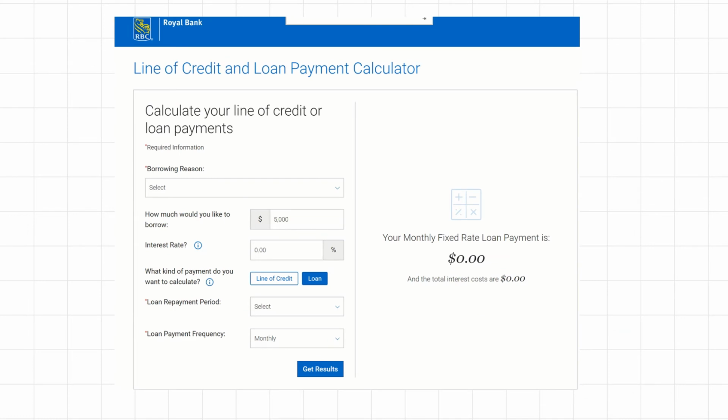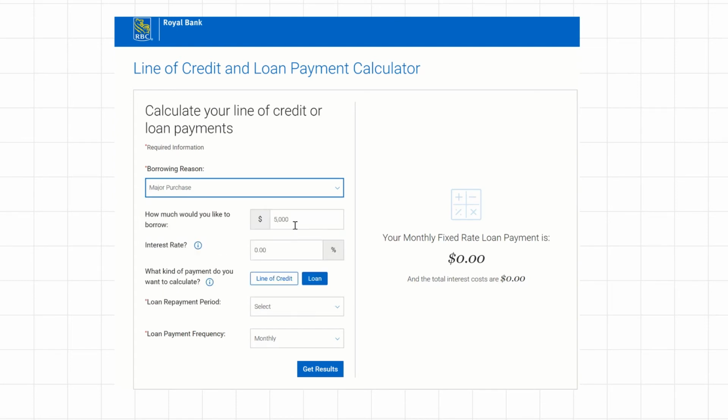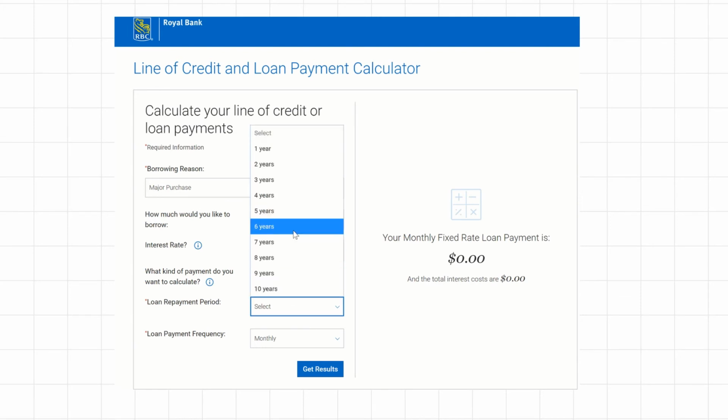So let's take another look at this Royal Bank calculator and change the loan payment frequency. So I'm going to run through the same information we have for that problem. So it's a borrowing of $6,200. And the interest rate was 7.8%, and it was a loan, and the repayment period was 4 years.